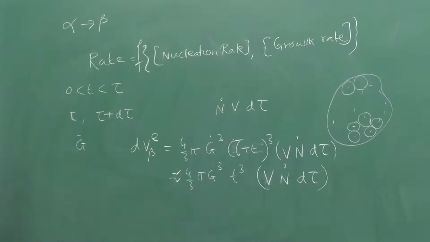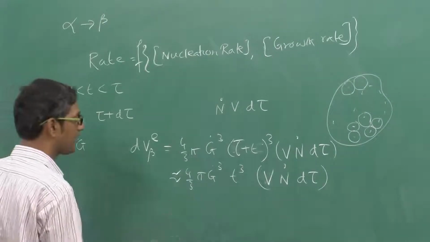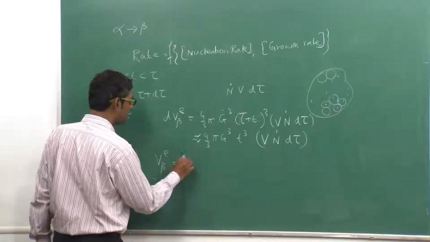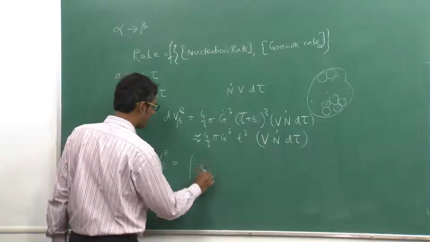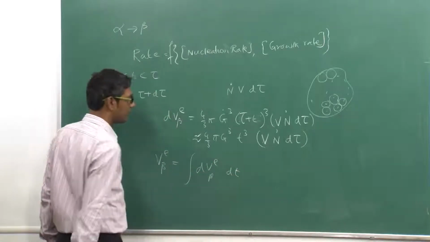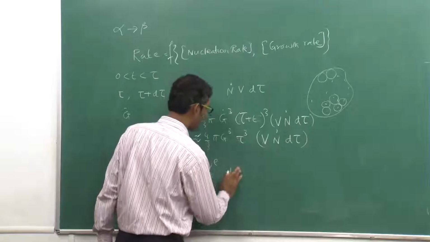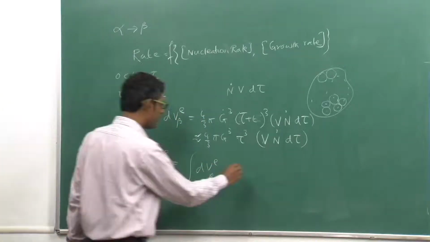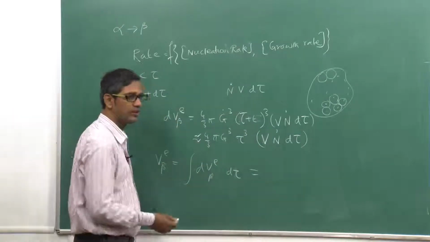So now if I integrate that, what will I get? Simply the transformed V beta E equal to the integral of dV beta E d tau, sorry, let us put tau, otherwise it will not be mathematically sound. You can do it from 0 to t time scale.